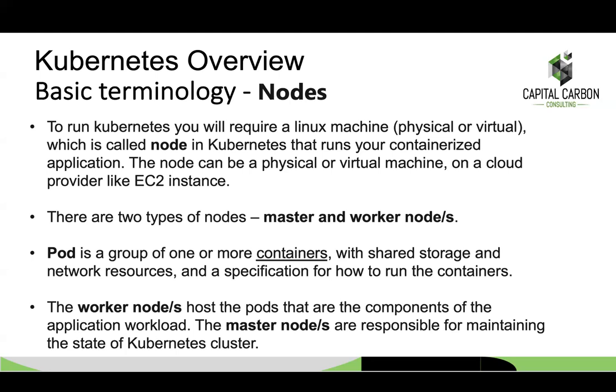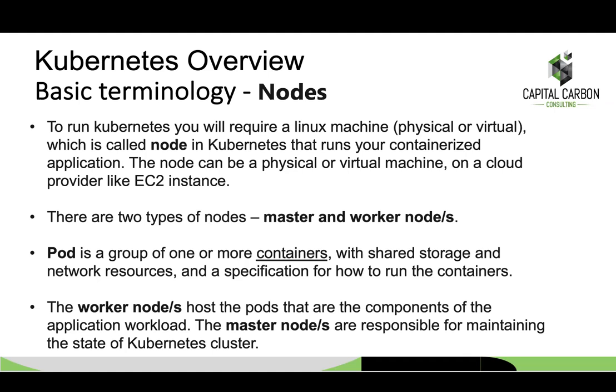It can be a physical machine or a virtual machine, which is called a node in Kubernetes, that runs your container application. The node can be a physical or virtual machine on a cloud provider, like an EC2 instance. There are two types of nodes: master node and worker node.